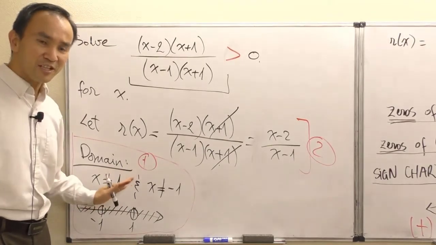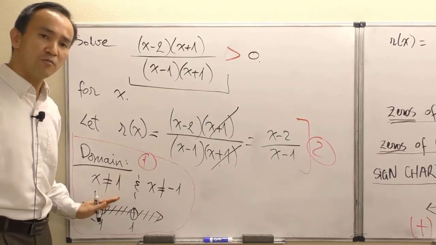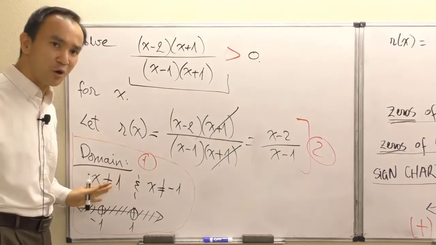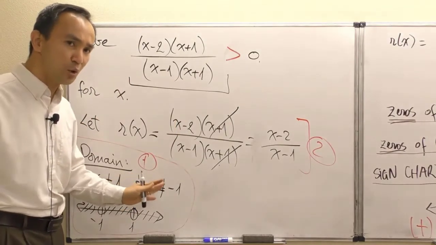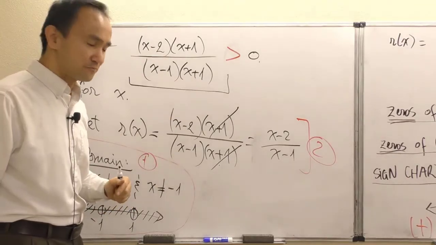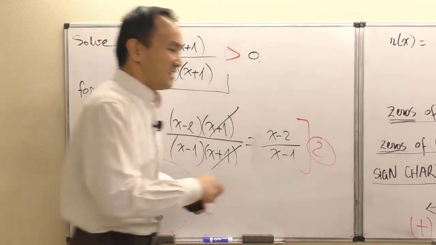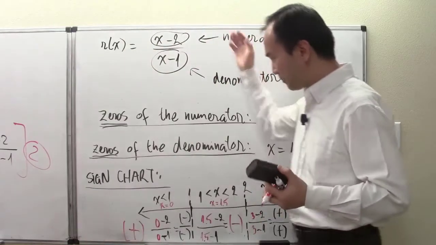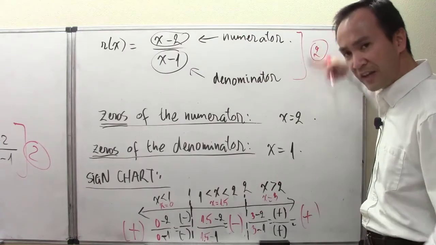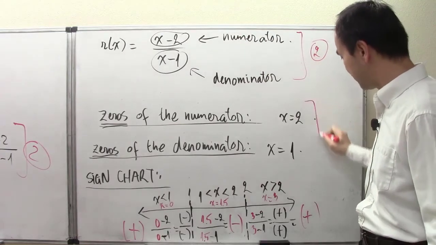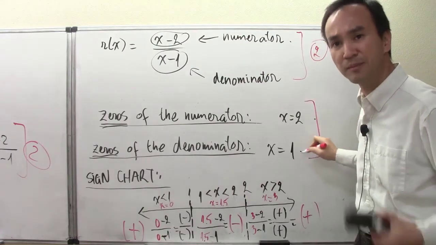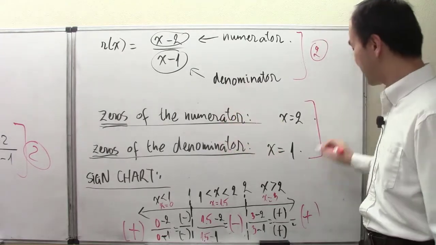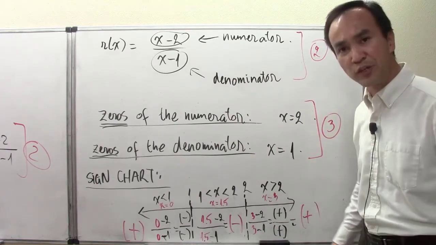After you have identified the domain of your rational function, make sure that you are fully aware of those values of x that we're excluding from our function. And then after simplifying, the simplifying work is making it easy to find all zeros of the numerator and of the denominator. So I can legally see this as step 3 right there.